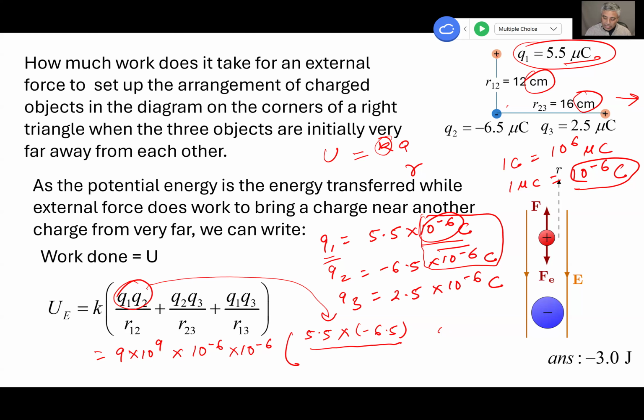And then r12 means 12 times 10 to the power negative 2, because we need to divide by 100. Rather than writing that in every term, you can bring it here, or write everything in place and punch it into the calculator without making a mistake, right?